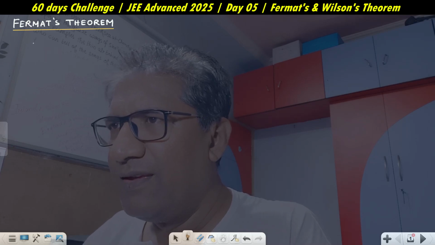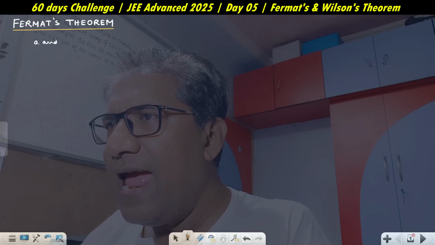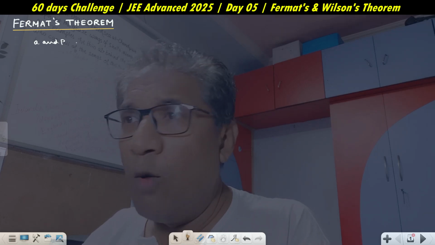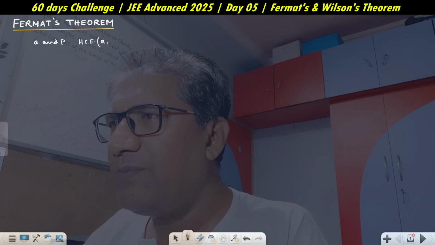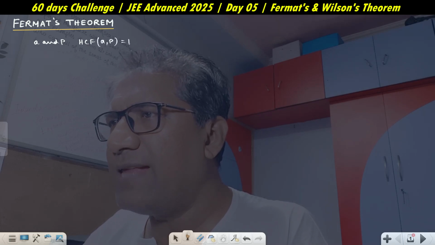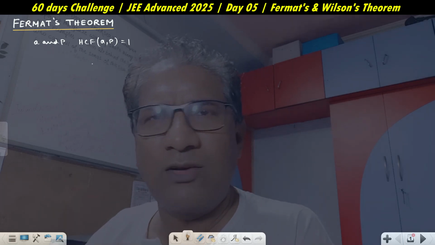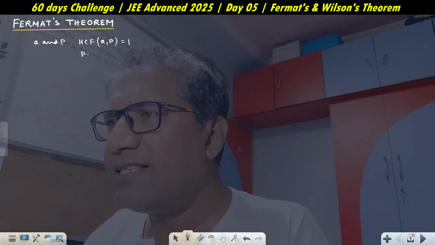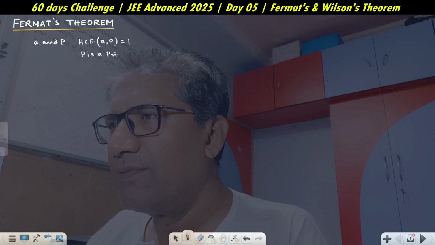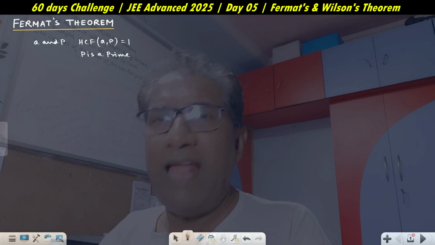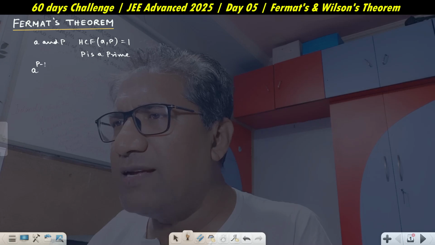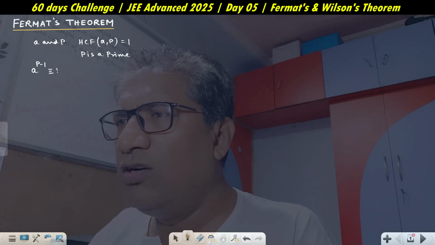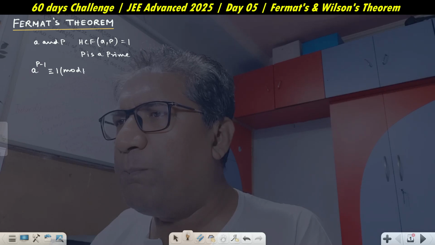Fermat's theorem states that if a and p are two co-prime numbers, that is, the HCF or GCD of a and p is 1, that is, a and p are co-prime, and moreover p is a prime, then Fermat's theorem states that a to the power p minus 1 will be congruent to 1 modulo p.